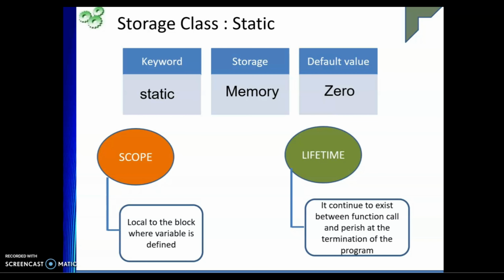So whenever I call the function again, the value continues to exist from the previous call. That is the advantage of static. After the function call, the variable still remains in the memory, so whenever you make a second function call, the variable's value will be there and you can easily use it. The variable is destroyed only when the program itself terminates.